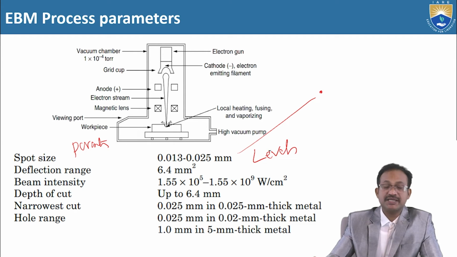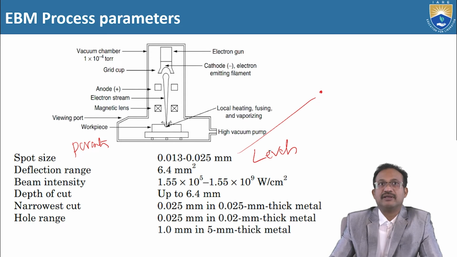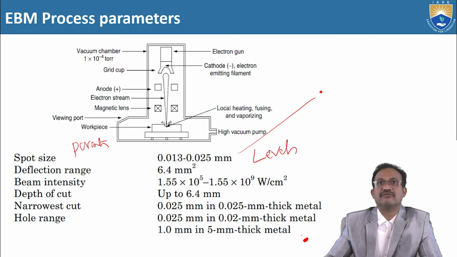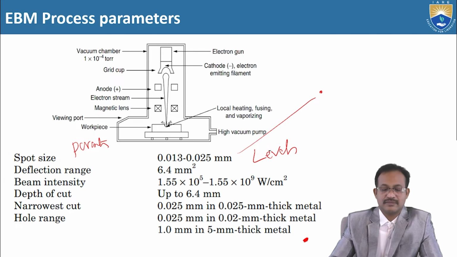Next, deflection range, 6.4 mm square, so it can deflect up to 6.4 mm square. Next, beam intensity, 1.55 into 10 power 5 to 1.55 into 10 power 9 watts per square centimeter.